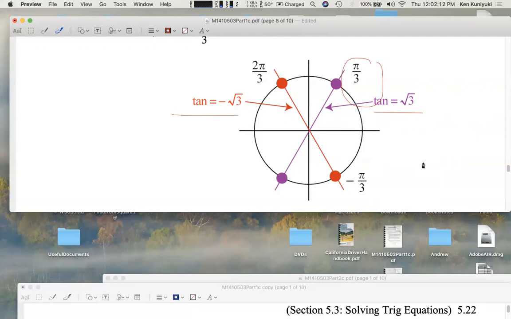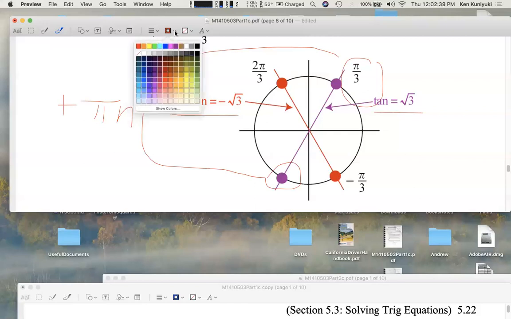So what would be an efficient way of expressing the solution set? How do we pick up all the brothers for pi over 3 efficiently? Well, pi over 3 is a great representative for this purple point. And if we do plus pi n, where n is integer, we're then going to pick up all the brothers for this point in quadrant 3.